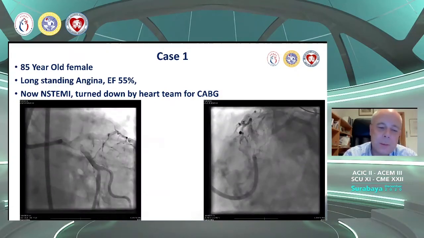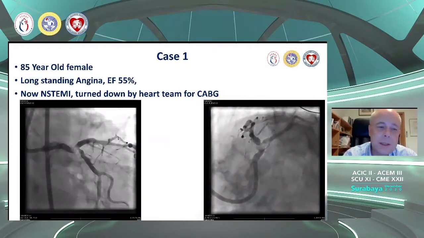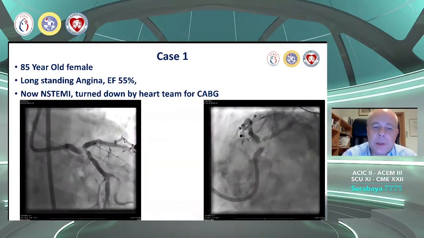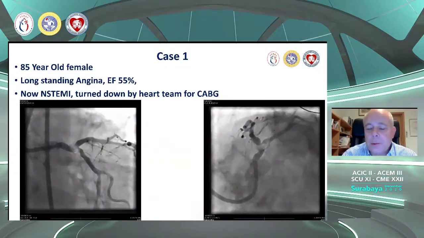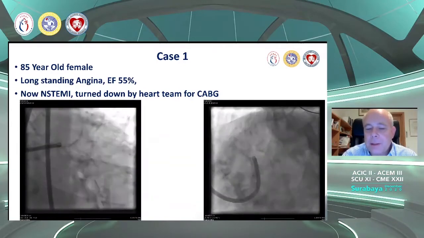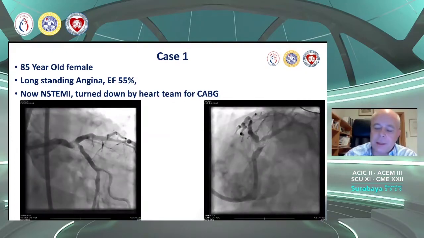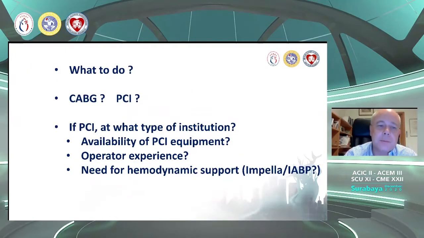So the challenge here was having the equipment and how to approach this patient. So CABG or PCI, well, the surgeons turned it down. What I would also think about is, is there a need for hemodynamic support? Like I said, operator experience and availability of equipment to deal with this scenario.